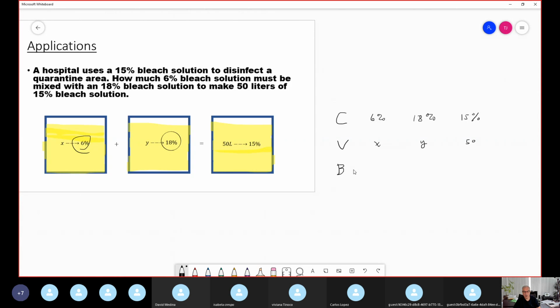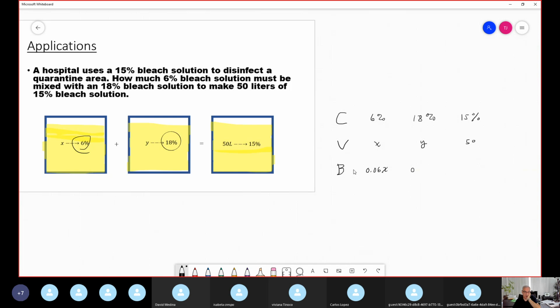Concentration is percentage. Obviously, I multiply this, but not in percentage. You multiply in decimal, 0.06, multiplied by the total volume, and you get exactly this expression. It gives me the information, how much bleach we have in this container. Okay.